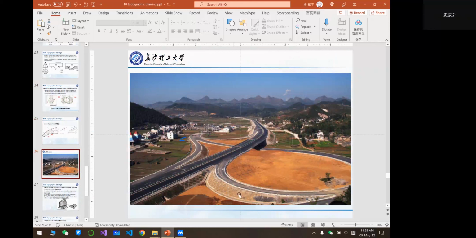The same slope surface is a curved surface with the same slope at every point. You can regard it as a part of the surface of a cone.